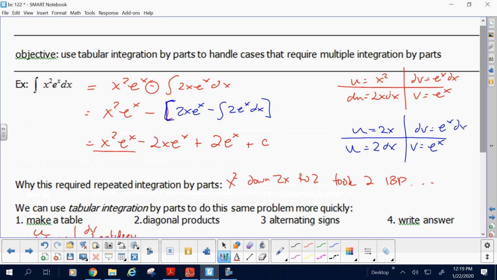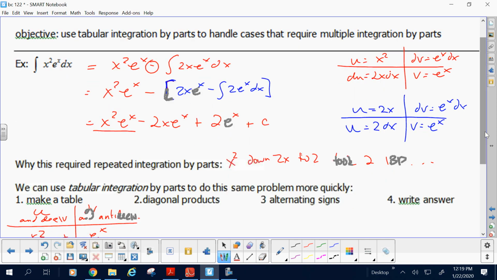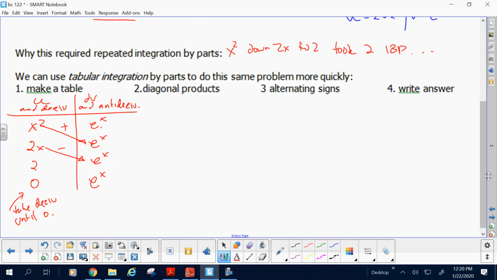Minus that second thing is negative. When you get to the third, however, that's negative of a negative, and that's back to positive. So you'll see this diagonal products, alternating sign pattern, and once you run out of stuff to combine, that is your answer. X squared e to the x positive, minus 2x e to the x, plus 2e to the x, and then C. Obviously, that's the same as the answer we just got below.